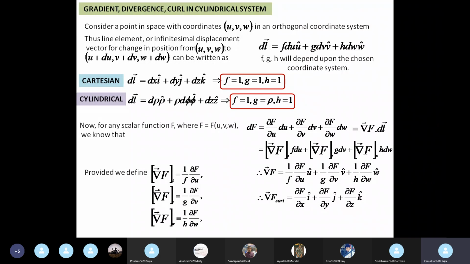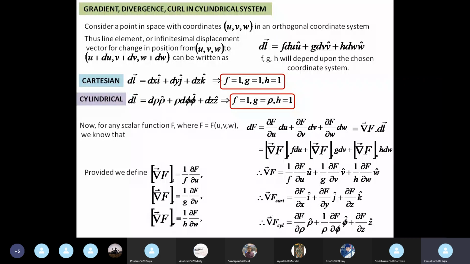And now using this expression, I can write down the gradient expression in the cylindrical coordinates, because I have identified the values of f, g and h in cylindrical coordinates. That is del f del rho rho cap plus 1 by rho del f del phi phi cap plus del f del z z cap.